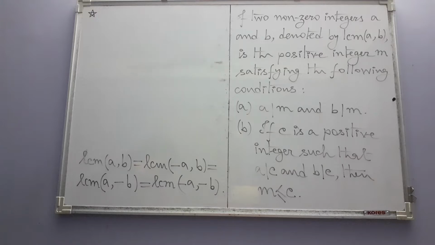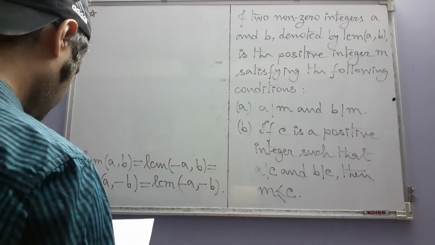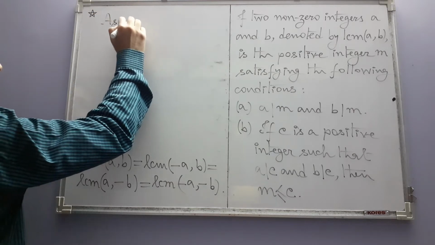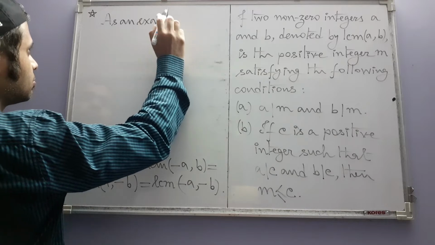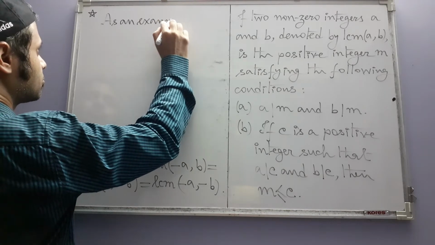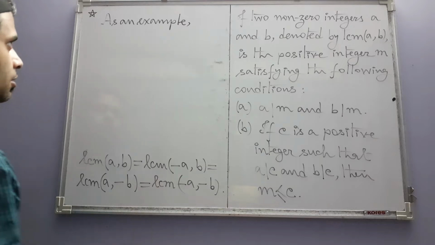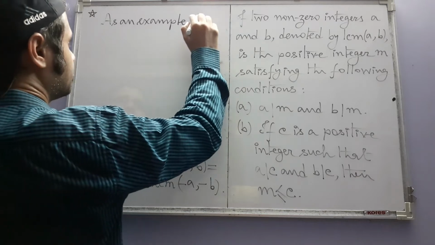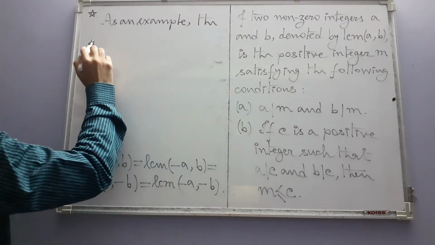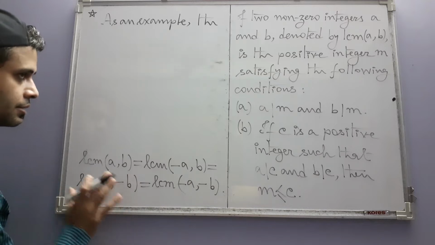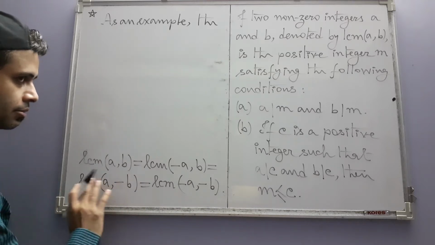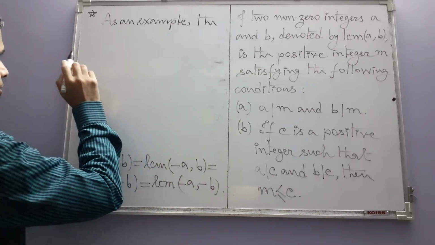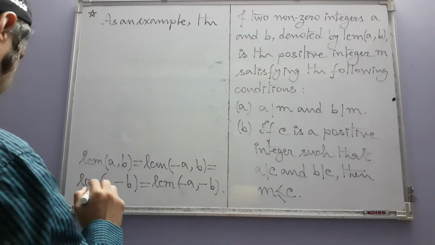Okay, so now next we look at this example. As an example, take the integers minus 12 and 30, just to emphasize this fact that one of them can be minus and the other plus.